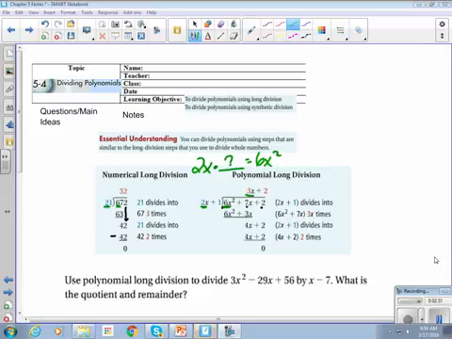So where the 3x goes, it goes right above the x term. So 2x times 3x will give us 6x squared. So I put my 3x on top, and I multiply 3x times 2x to get my 6x squared. Then I multiply 3x times the other term. So 3x times 1 is 3x.